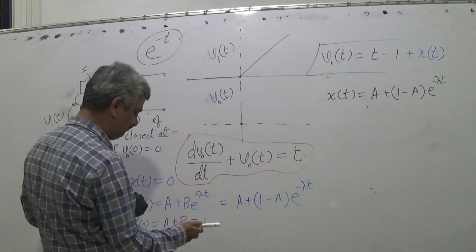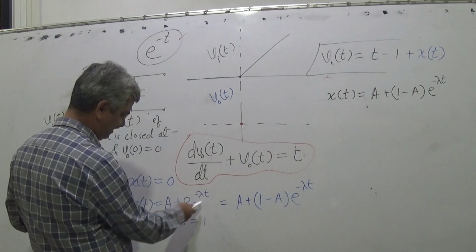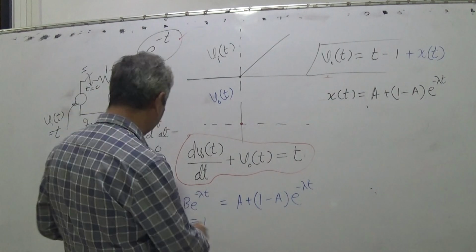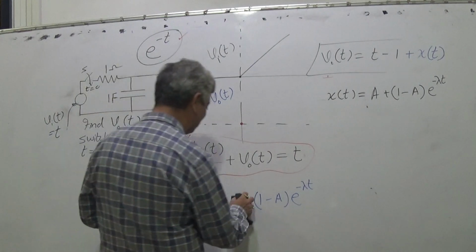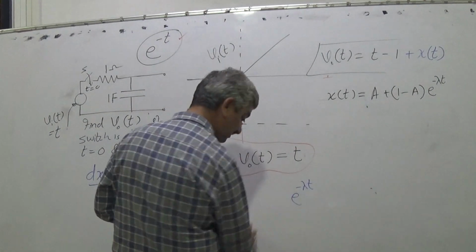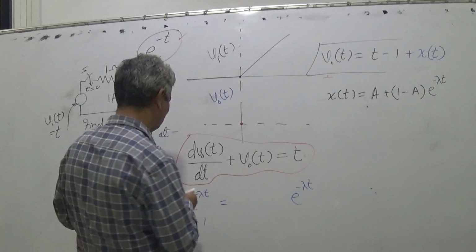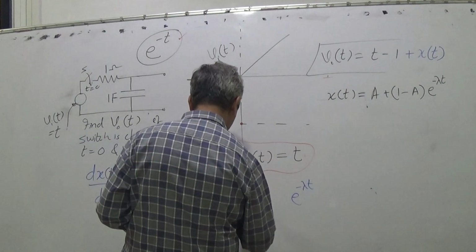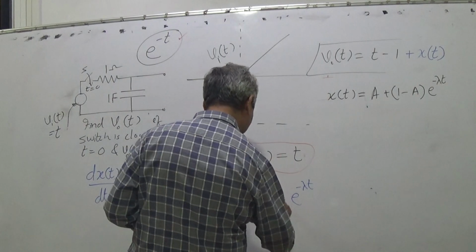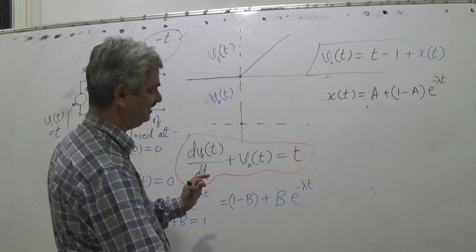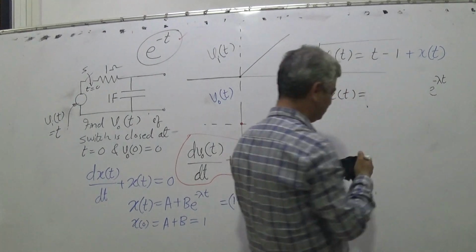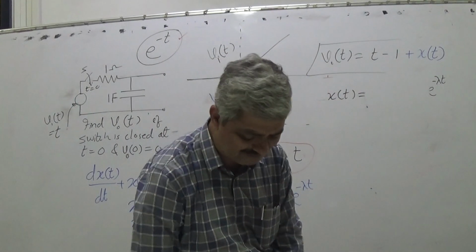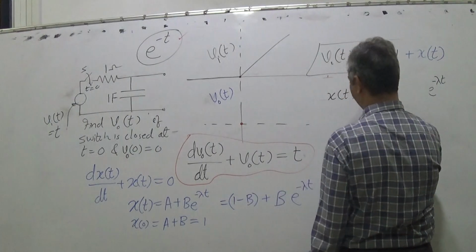Since this is something which is having a multiplier, something complex, it's better that a plus b equal to 1, means a is equal to 1 minus b. So it is better to replace this. A is equal to 1 minus b. So we can write 1 minus b plus b e raised to lambda. Getting both will give me the same answer, but a simpler way.